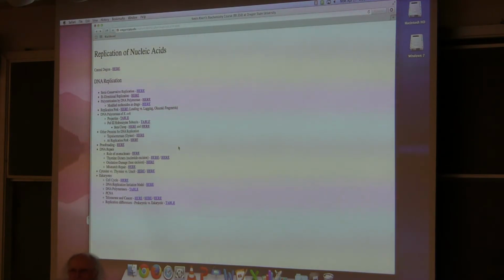And it makes so few errors because it has proofreading. If the polymerase did not have that proofreading, it would make about an error every 100,000 or so bases. Still really great, but not as great as 1 in every 10 million.